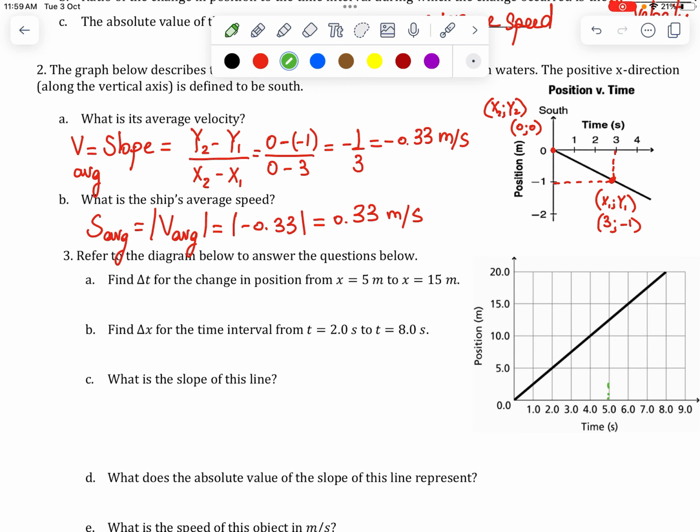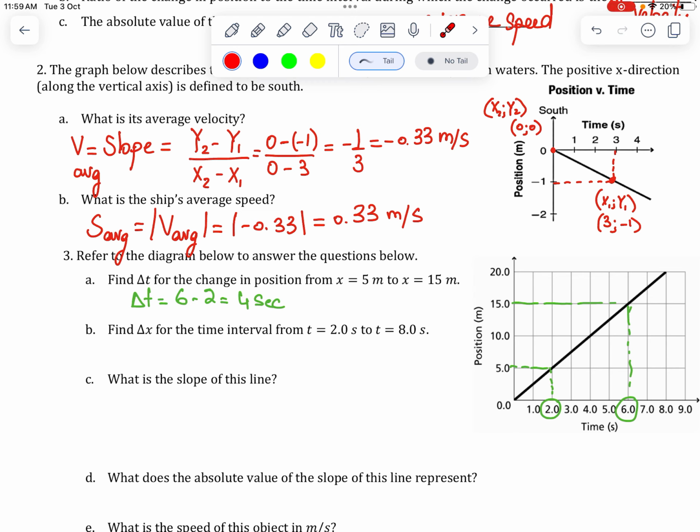For x equals 5, its corresponding time is 2, and for x equals 15, the time is 6. So the time corresponding to this displacement is 6 minus 2, which is 4 seconds.